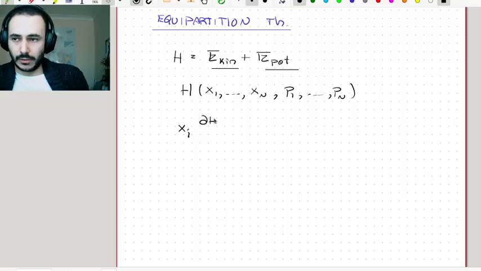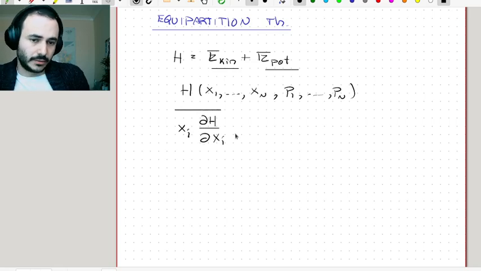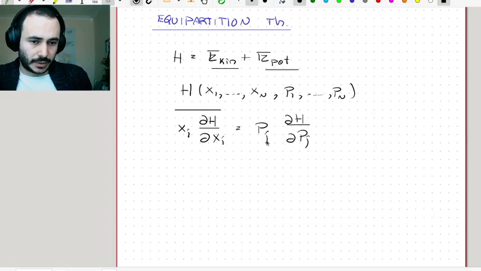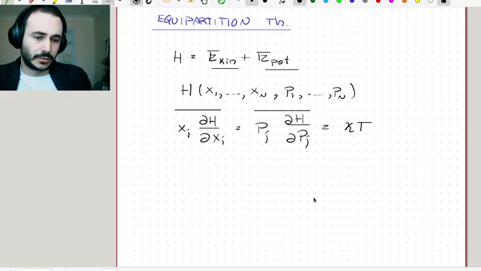The partial derivative of the Hamiltonian with respect to any of the coordinates, times the coordinate, when you take an average, or the same if you take any momentum instead, pj times partial of H with respect to pj, just to emphasize that it could be any number. These are always, all of them, going to equal kT if the system is in thermal equilibrium.